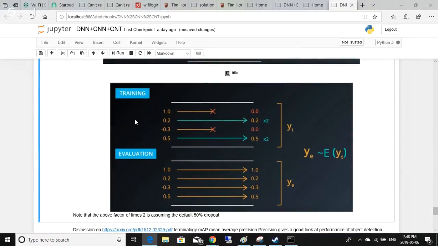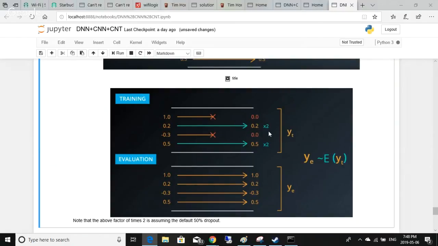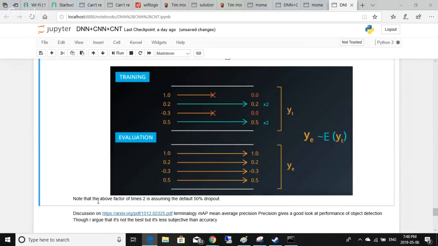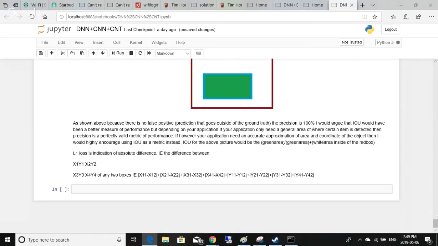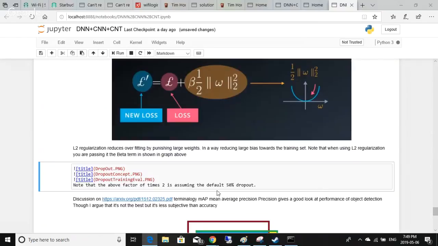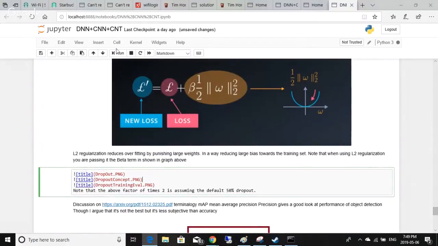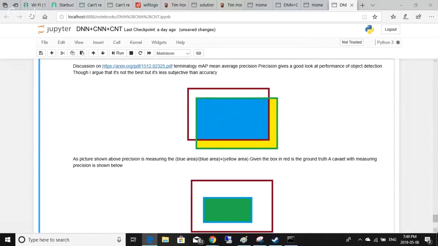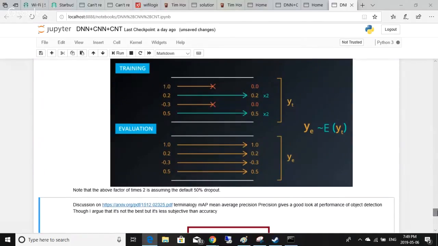In the example, the ones that weren't dropped out are multiplied by 2, taking the average of those. It's times 2 because it's 50%. If you have 60%, it's not going to be 2. It's going to be 1 over 60%.